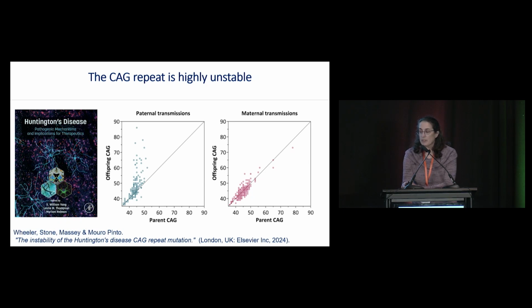As you're aware, the repeat is highly unstable intergenerationally, so in the germline, and in transmissions from fathers, the repeat tends to dramatically expand. In mothers, it's unstable as well, giving rise to expansions and contractions. This underlies the repeat length variation in patients that allows us to correlate that with phenotype.